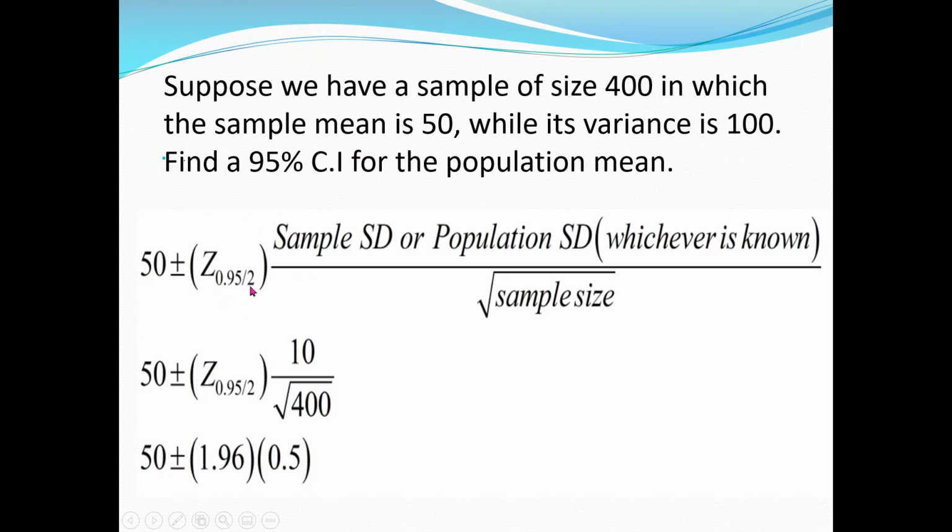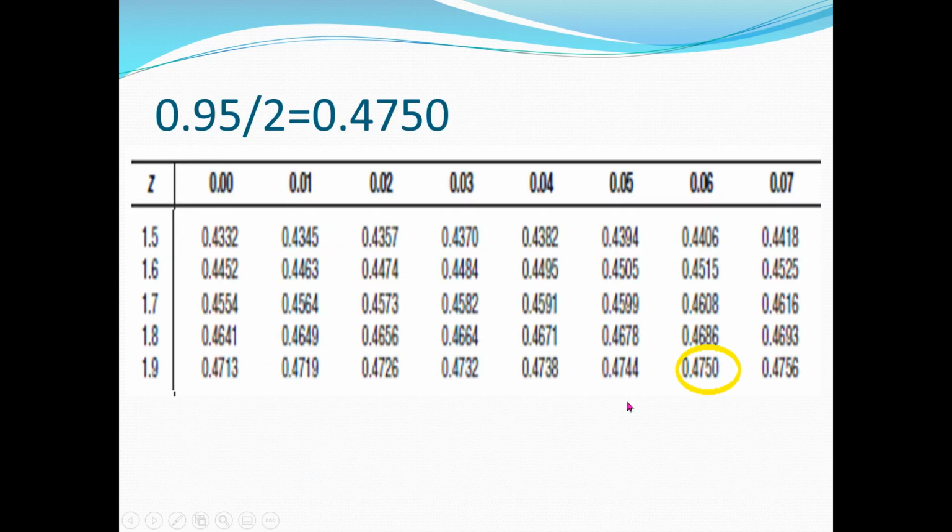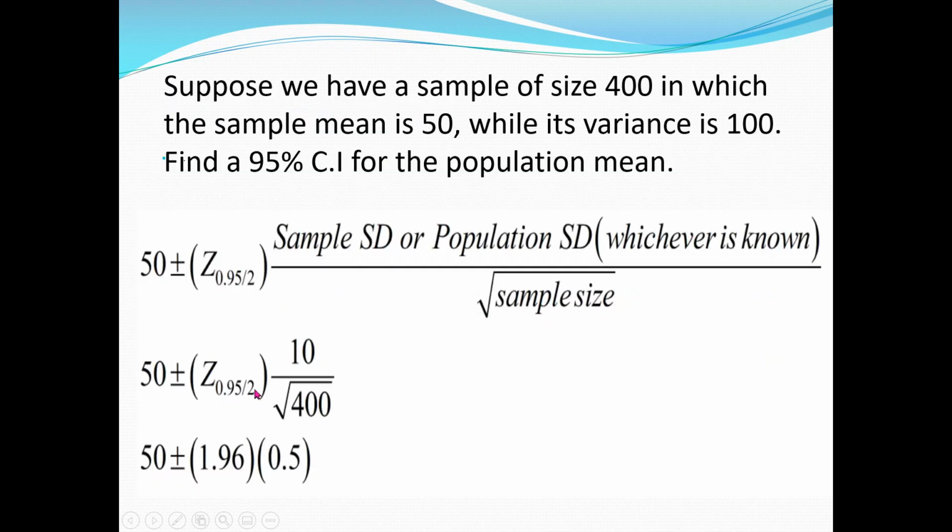So I divide 0.95 by 2 and I get 0.475. I locate 0.475 in the table, which is against the 1.96 value of z. So the z value is 1.96.